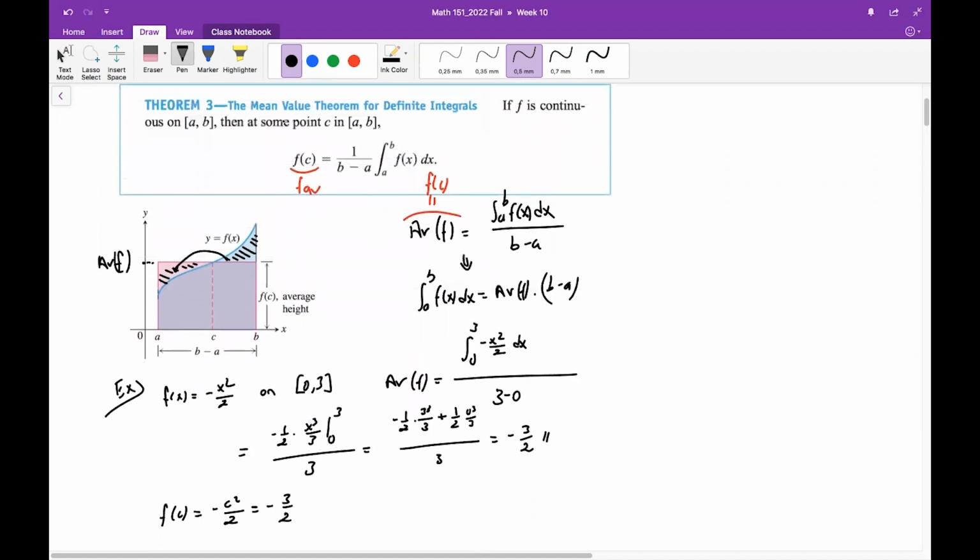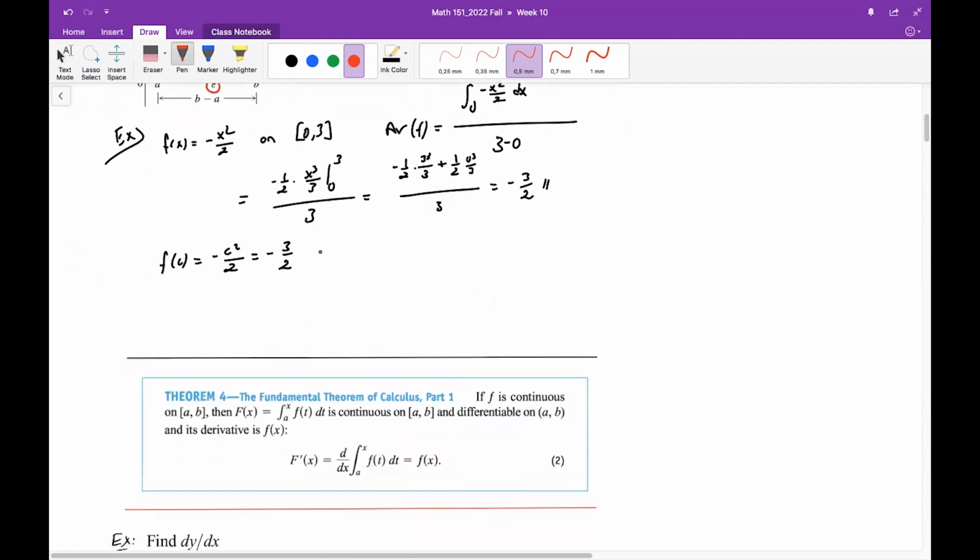So this is what the mean value theorem for integrals says. The result of the average value is taken by some point C in your domain, and its image will be the same as your average value. So can we solve for the point C from this equality?